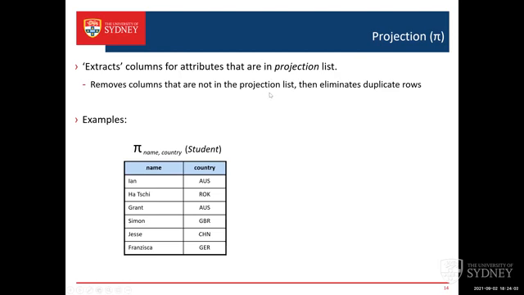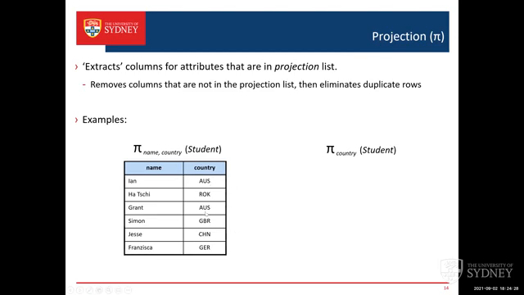It removes the attributes which are not in the projection list, and also it eliminates duplicate rows. When we are in relational algebra, it automatically eliminates the duplicate rows, so we don't have to worry about duplicates. So if I, let's say, only project on country from the student table, this is the part of the student table here.